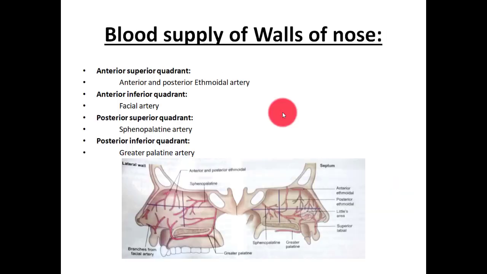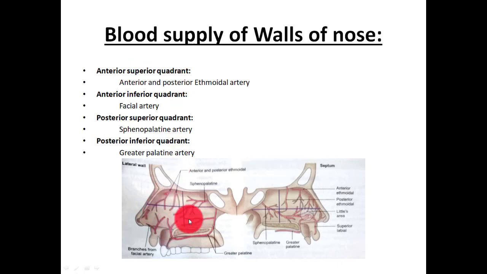Then the blood supply of the lateral wall of the nose. According to blood supply, the lateral walls of the nose are divided into four regions: the anterior superior quadrant, anterior inferior quadrant, posterior superior quadrant, and posterior inferior quadrant.